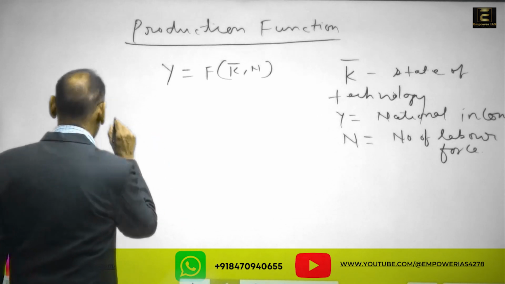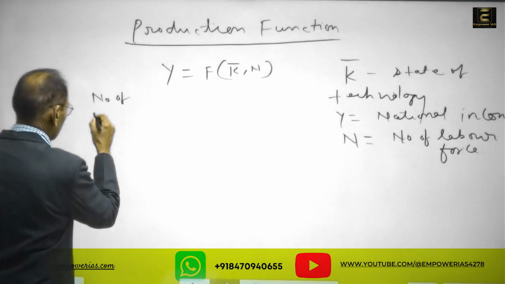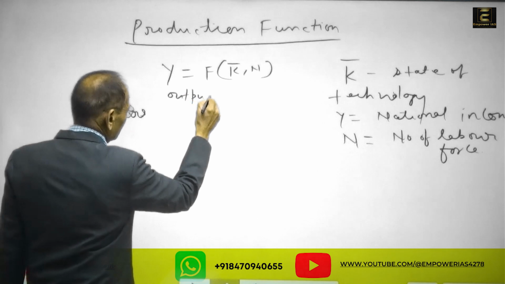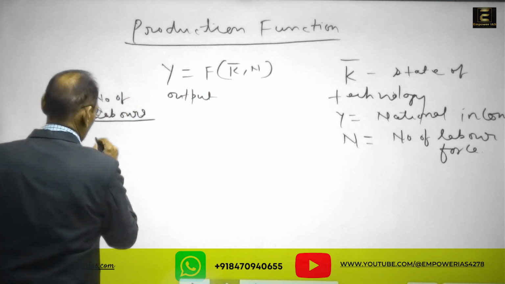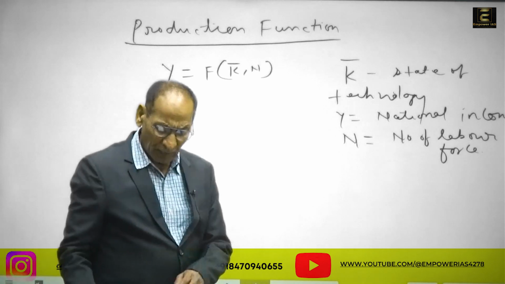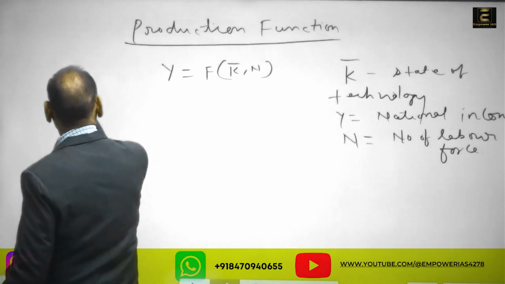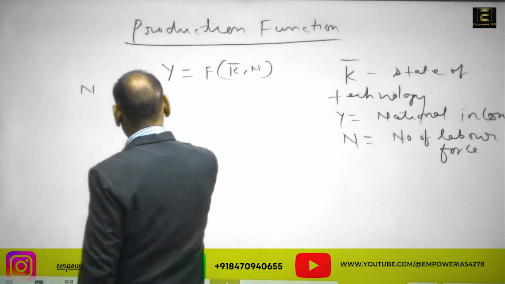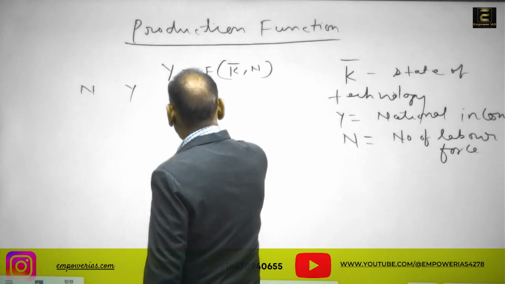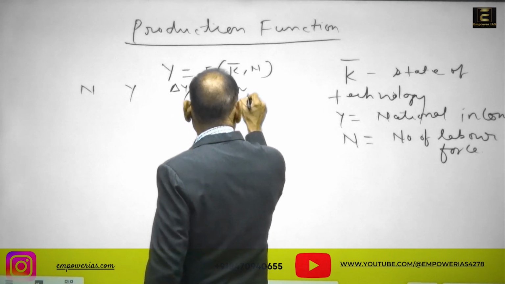In this first table, we have number of labor, n, output, y, and the third column is delta y by delta n. This is called MPN.